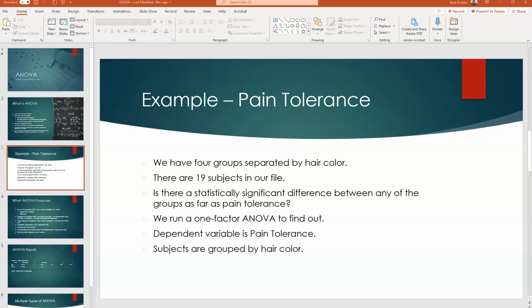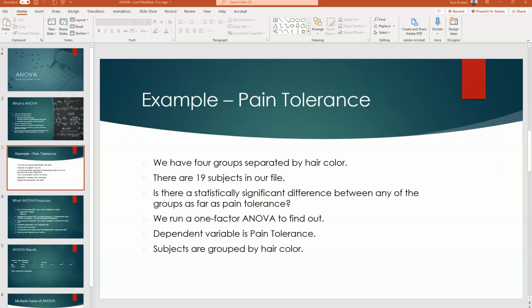So we'll group them by hair color, and we'll look at the pain tolerance within each of the groups and from group to group. That lets us track the amount of variability that there is both within the groups. So if we're looking at the light blonde group, there's going to be variability in pain tolerance within that group. And there's also going to be variability across groups.